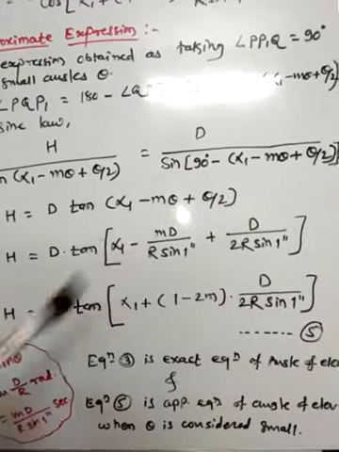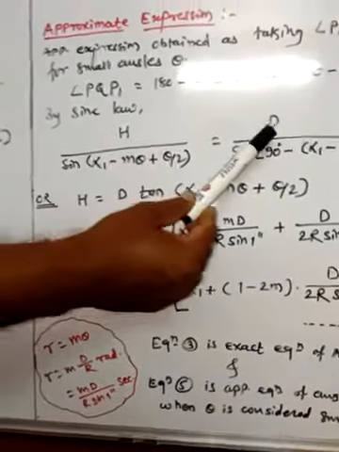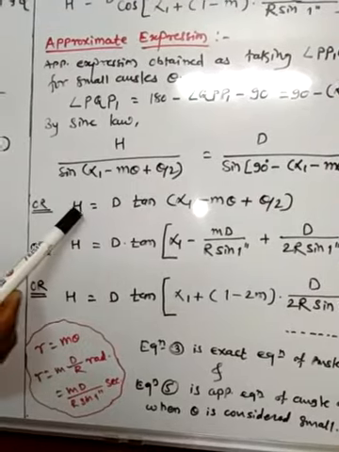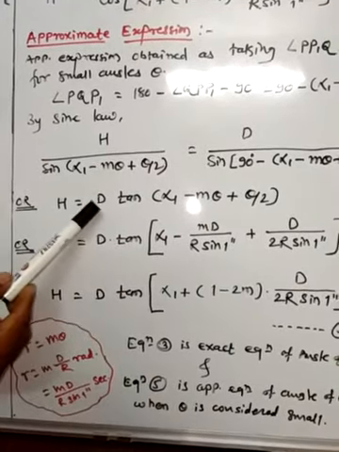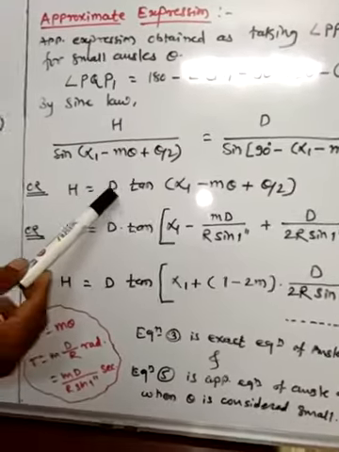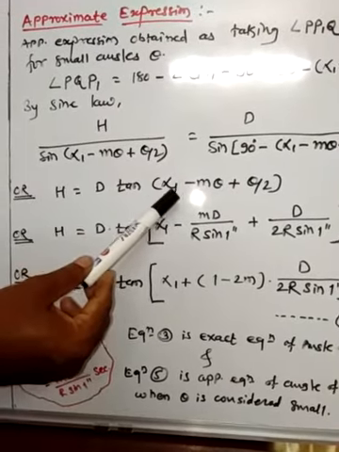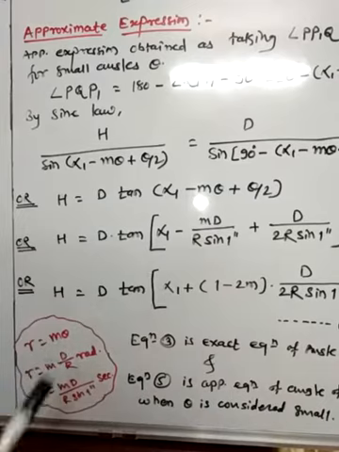So the same equation can be written in this form, and reduces to H equals D times tan of (alpha 1 minus m theta plus half theta).